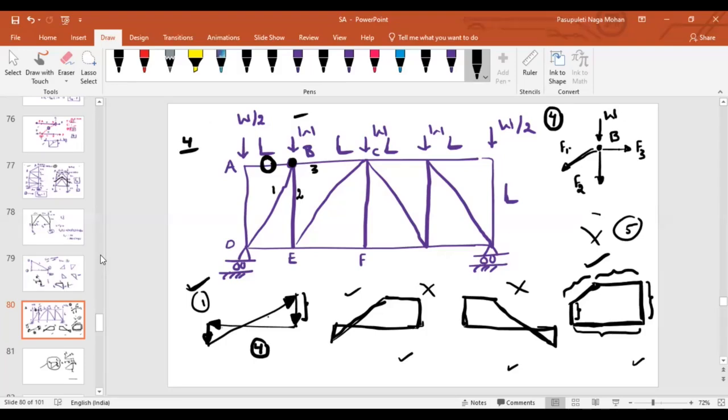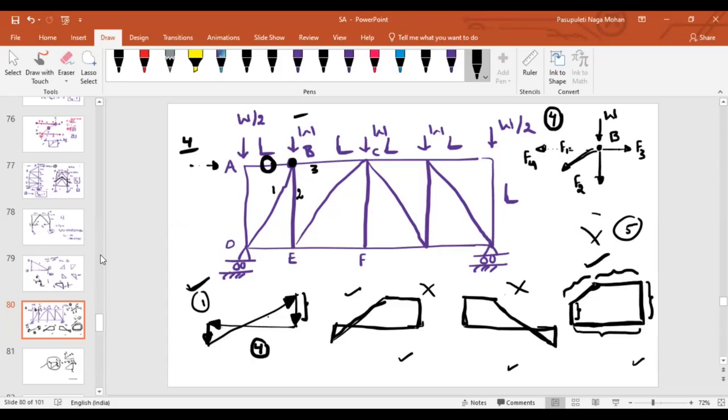The only logic is that we should understand that member force AB is 0. If you do not understand that member force AB is 0, then how many forces do you think are connected at joint B? 5. If it is 5 member forces, can you choose the option directly?